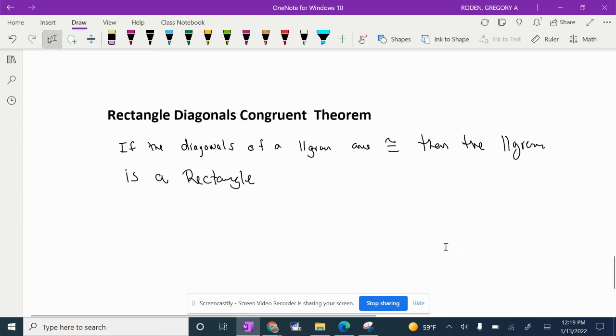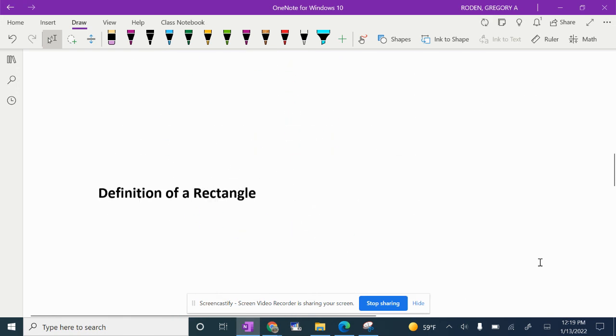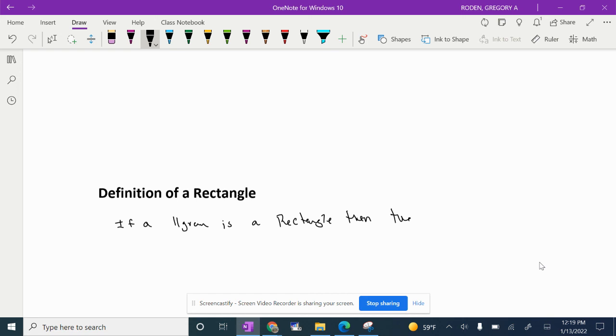Now, before we say that, I skipped to this a little bit. What is the definition of a rectangle? All right, a rectangle, if a parallelogram is a rectangle, then the parallelogram has all right angles.